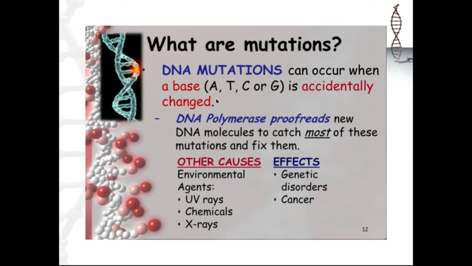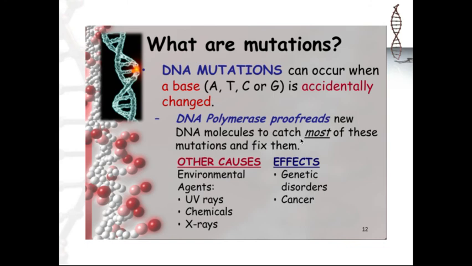A mutation occurs when a base, such as A, T, C, or G, is accidentally changed. Remember that polymerase that came in and helped bind the free nucleotides together after they matched up in the nucleus? Well, it also proofreads to catch most of these mutations, and it can fix them.